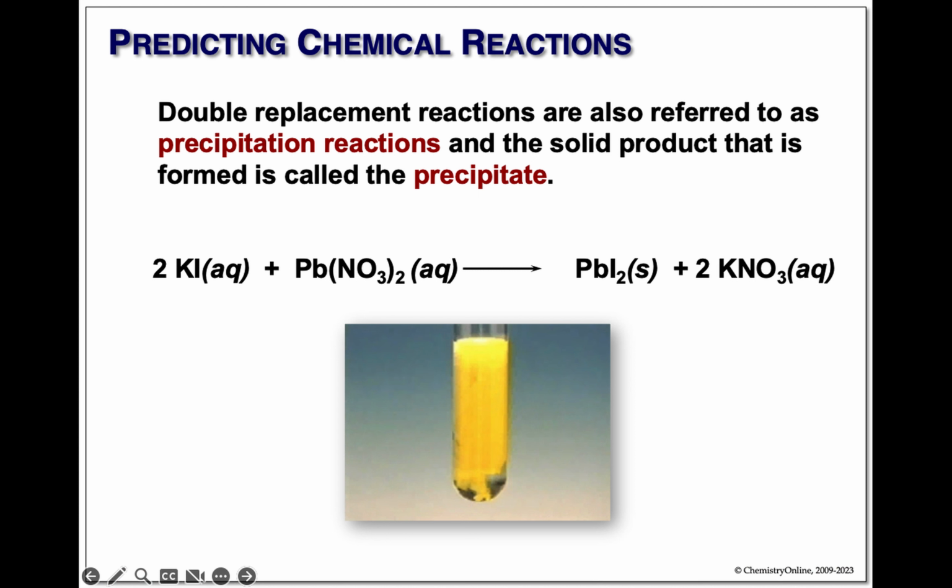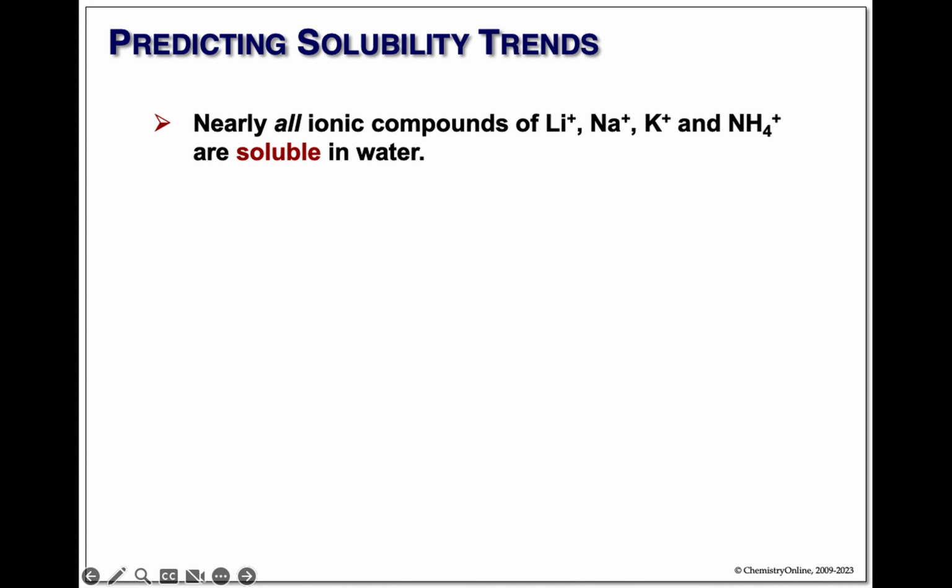Well, one question should be, okay, but how do you know that lead iodide is going to be a solid? Same thing with barium sulfate. How did I know that? I knew that because I know the rules. Rule 1.